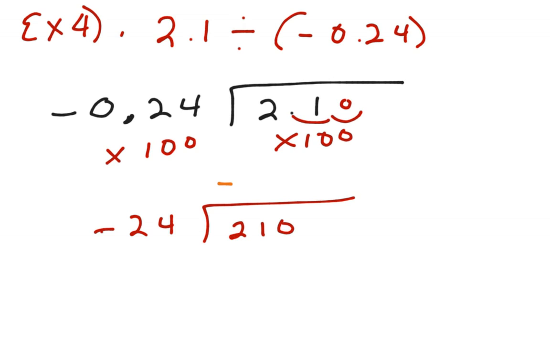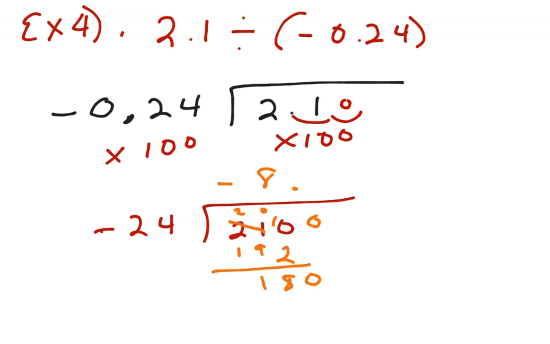So my answer already is going to be negative, so I'm going to put a negative sign up there, and I'm going to figure out how many times 24 goes into 210, and I'm going to try 8. So that's 8 times 4 is 32, 16, 17, 18, 192. Subtracting down, I get 18, and 24 doesn't go into 18, so I have to add a 0, bring that down.